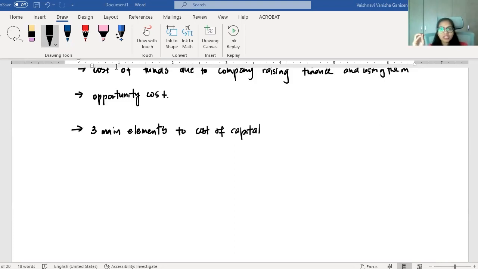So what does it actually mean by risk-free rate of return?